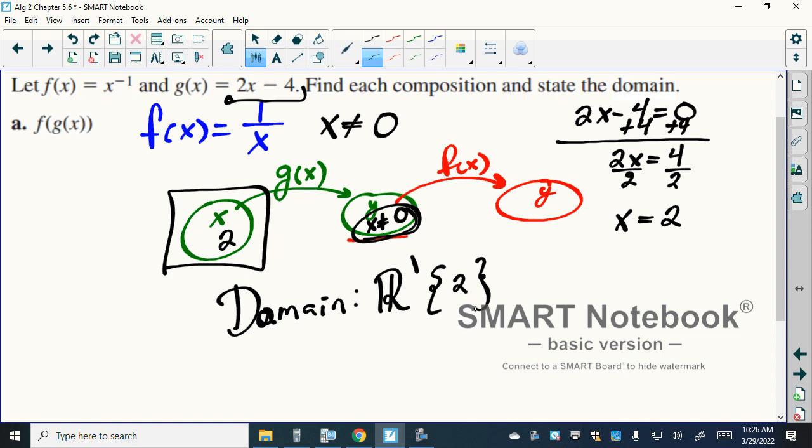Because it's all real numbers excluding this set, and it's the set containing 2. All other numbers work, but because 2 would give us a value of 0 coming out of g of x, we can't have that because it'd make it undefined in f of x. So it's almost, we've got to work our way inside out looking at restrictions.